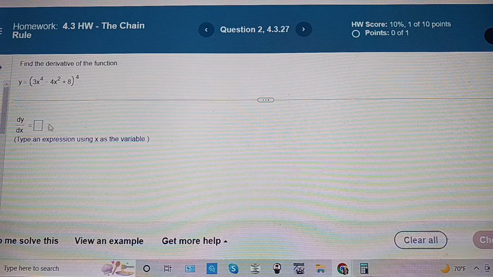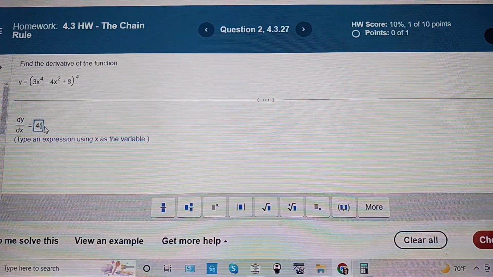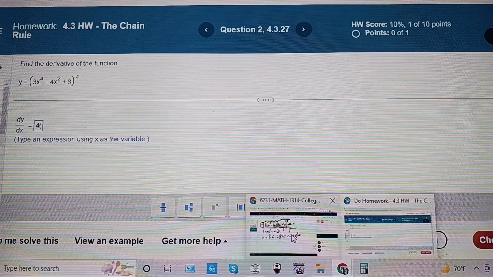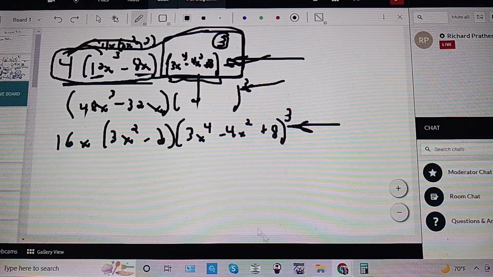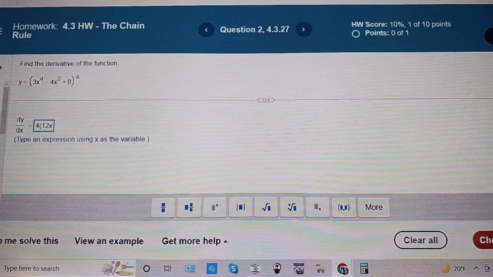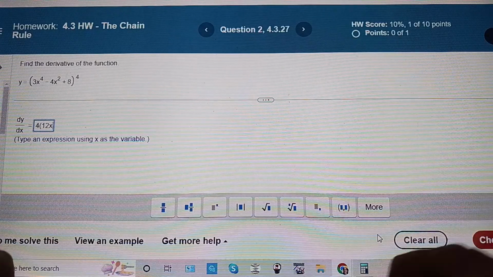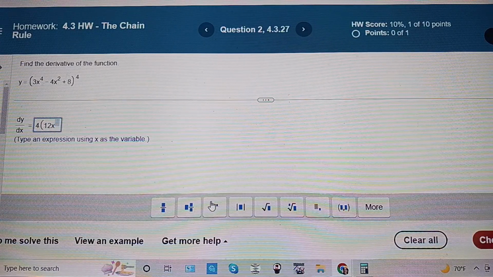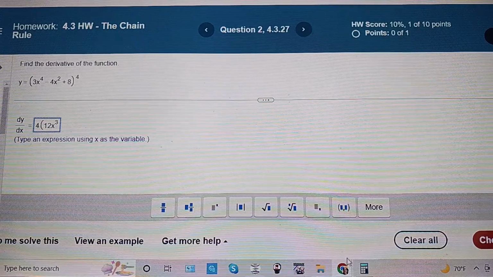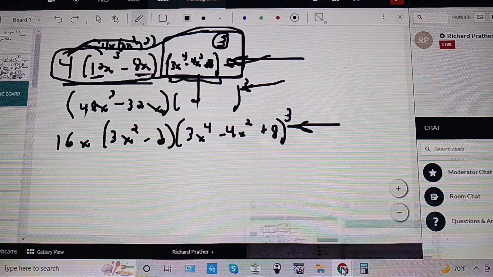So now the nice thing is you can, in homework at least, until you learn what they want before you take a test, you can just put in a particular answer you have. And because the directions are so generic, they should accept this answer. 4 times 12x to the third minus 8x.